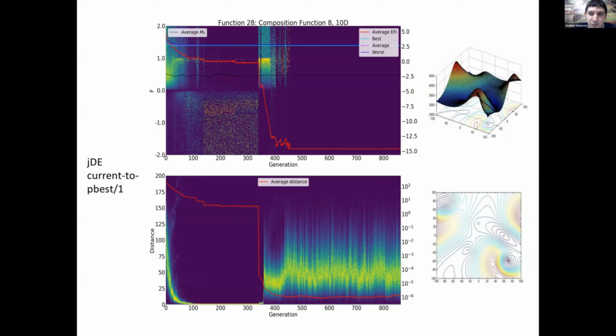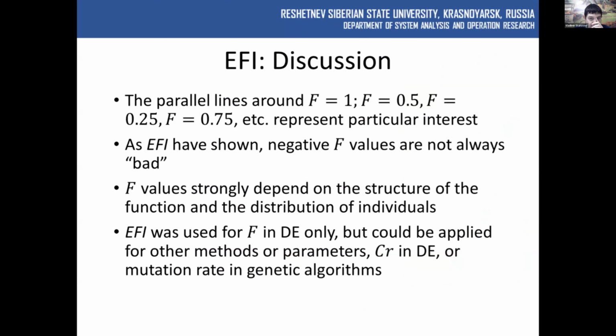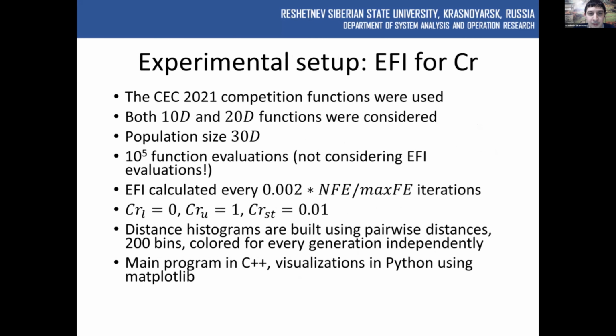But sometimes it could be beneficial to go backwards. Okay, so as we can see, the EFI allows us to look into how the adaptation of F occurs, and we can spot some trends here, like 0.5, 0.25, 0.75, and so on.